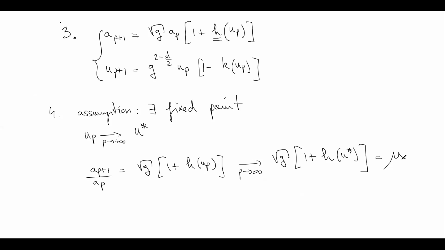And remember that UP is in fact equal to the excluded volume divided by the monomeric volume to the power dimension. So if UP tends to U star, it means this tends to U star, constant. And thus, it means that VP tends to AP to the D when P goes to infinity.